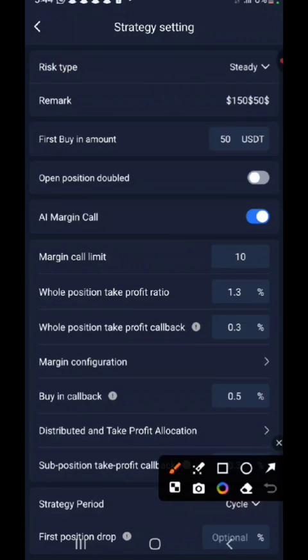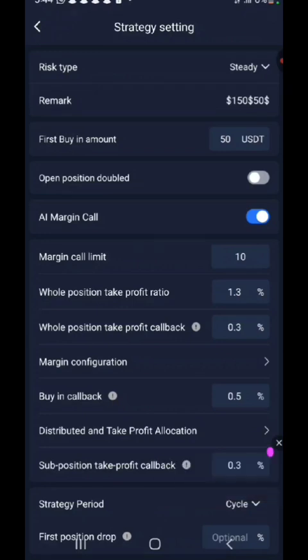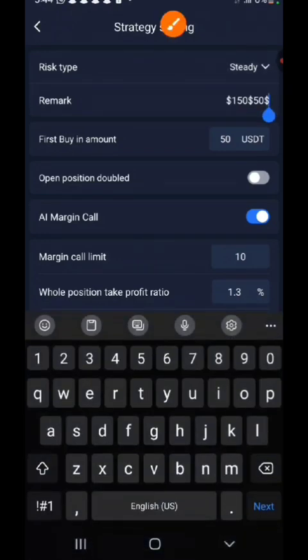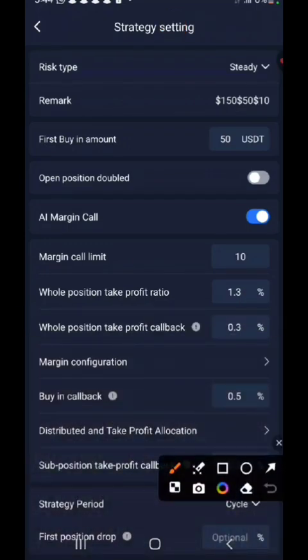So I also come here. I rename it that. So this 150 means that's the amount of money that I'm going to inject in that coin, the whole amount.